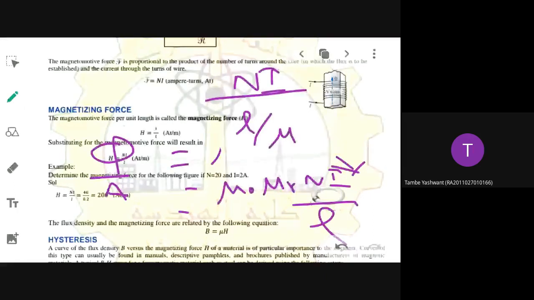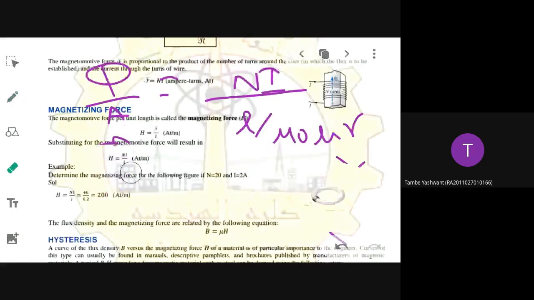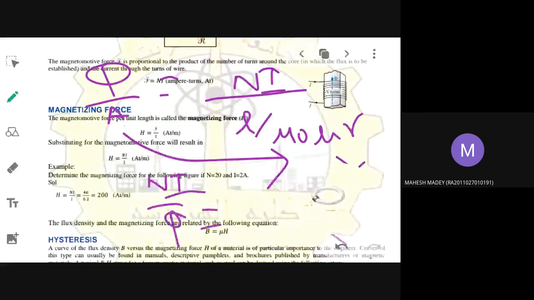In this way, if I write this, there will be no change in the formula. On this side, I have phi divided by A. This A also I will bring to the other side. So what will be Ni divided by phi? If I bring it, then what will happen?